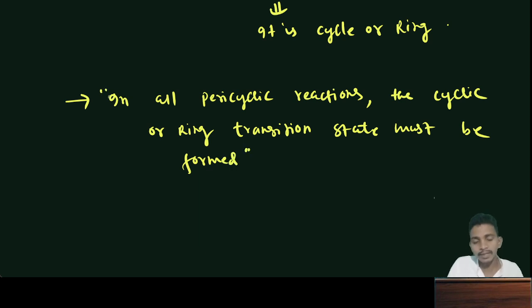If you look, there must be a cyclic or ring transition state formed. So before going to the product, it will form a cyclic or ring transition state.